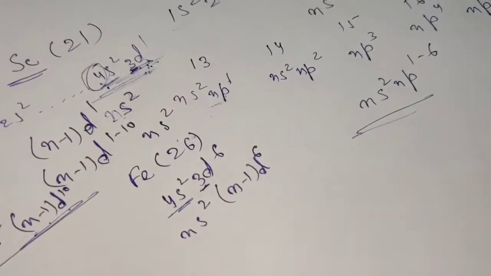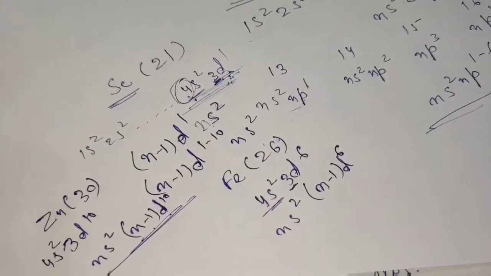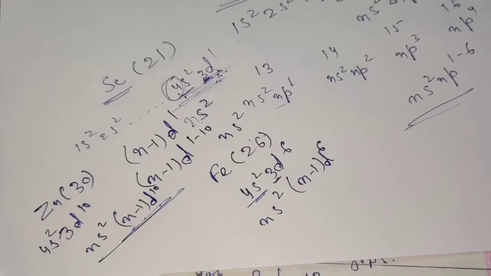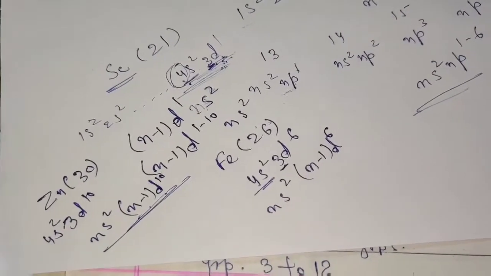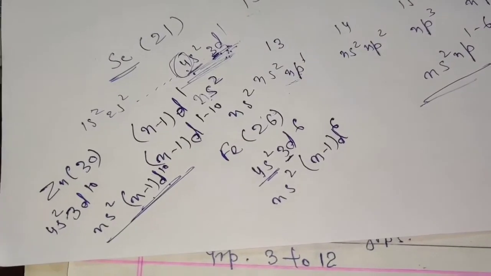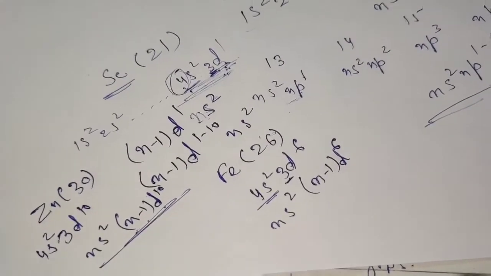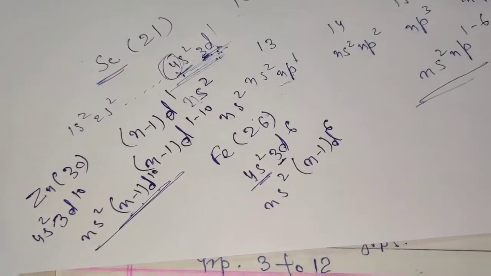So basically in D block, what happens is the last electron is not entering into the outermost shell. In fact, the last electron is entering into the second last shell, and which subshell? D subshell. That is why it is known as transition element.